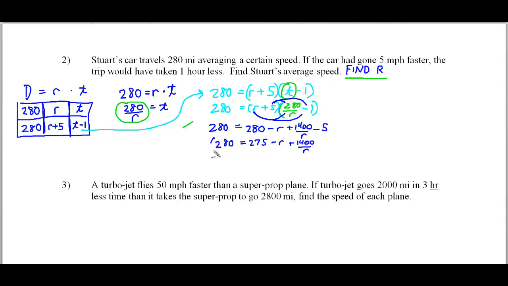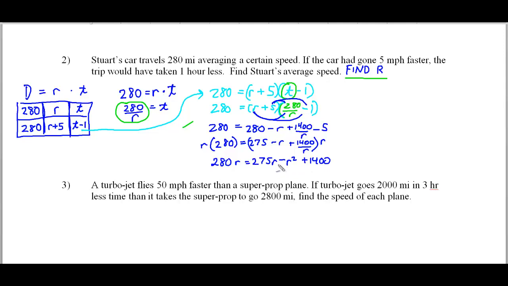So what I'm going to do is take every part of this entire equation and multiply it by the letter r. Now what this is going to do, it's going to give me 280r. It's going to give me 275r minus r squared plus 1,400. You'll see that the 1,400 r over r just gives you the 1,400 here.